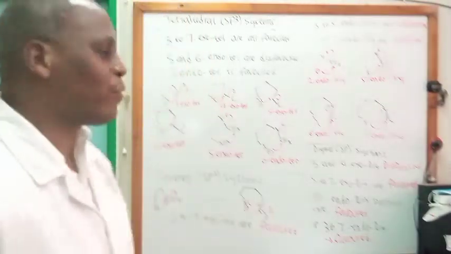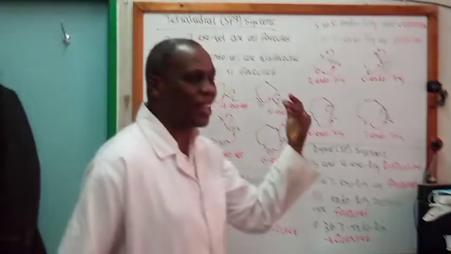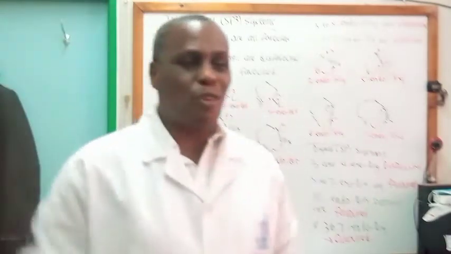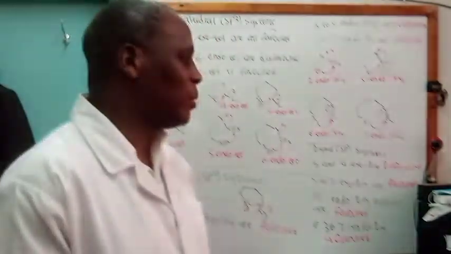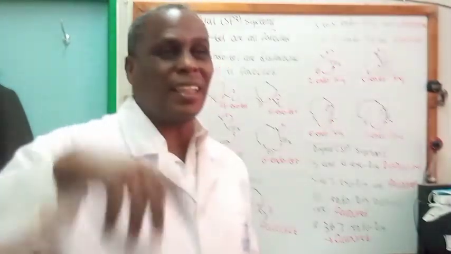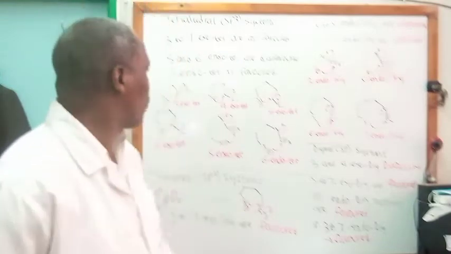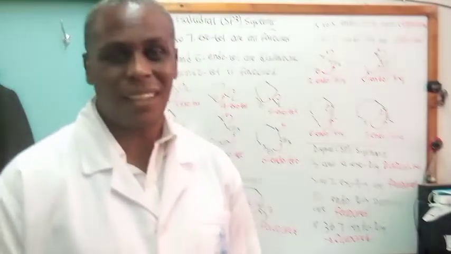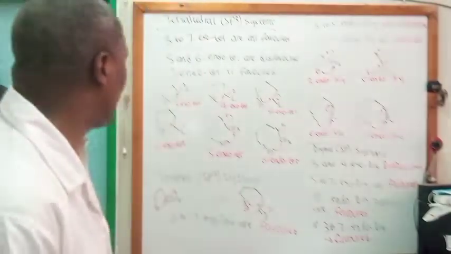If you've got a nucleophile and an electrophile trying to form a ring system in which the leaving group is outside the ring which is forming, from a 3 to 7 membered ring, it can form. There is no problem with that.